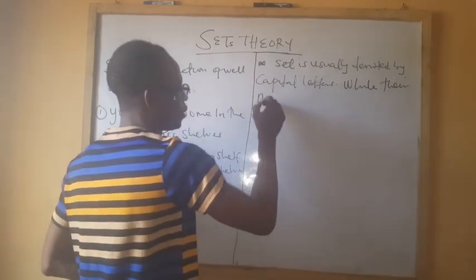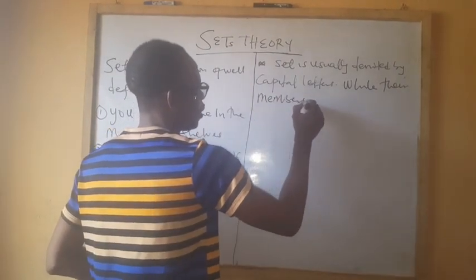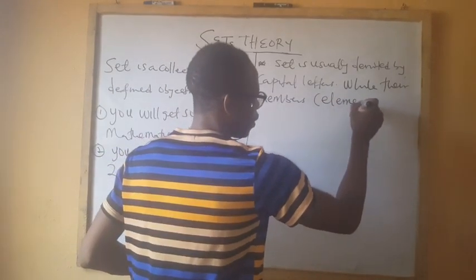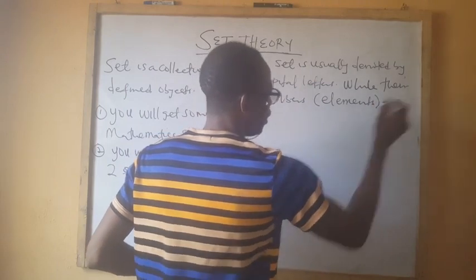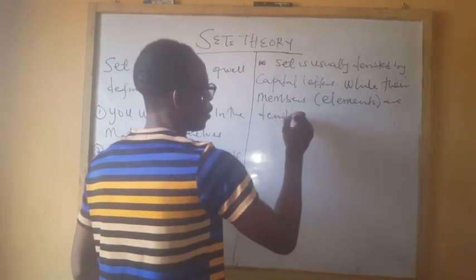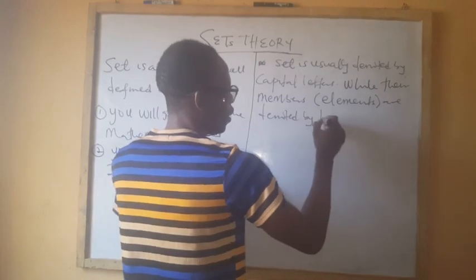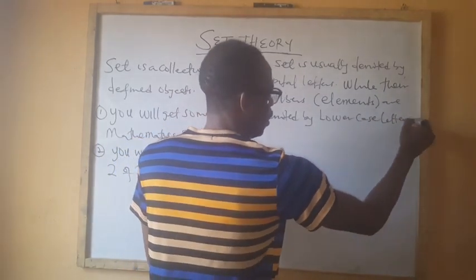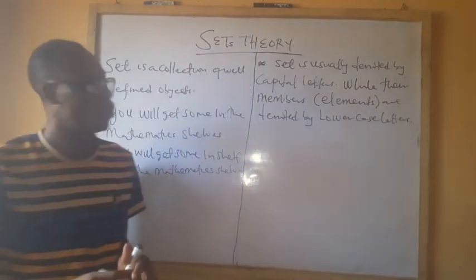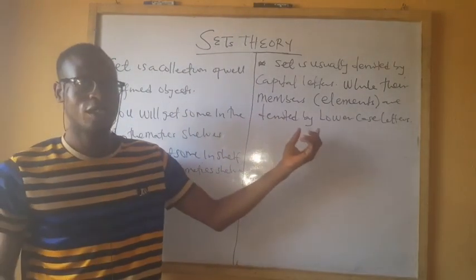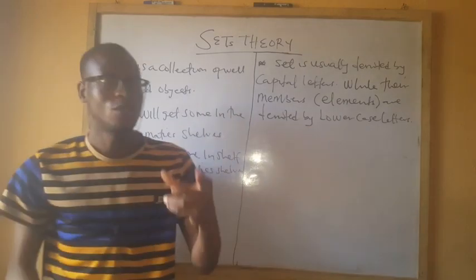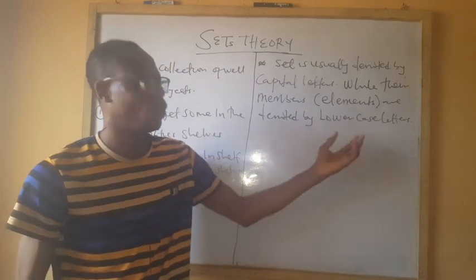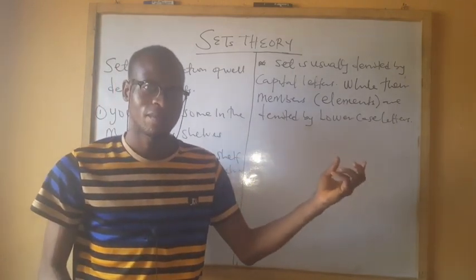Their members, called the elements, are denoted by lowercase letters. So I hope you are clear with these two expressions here. A set is usually denoted by capital letters, while the members, also known as the elements, are denoted by lowercase letters. So I hope this is clear.